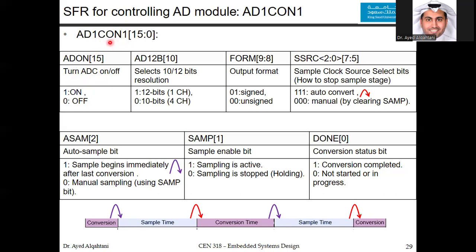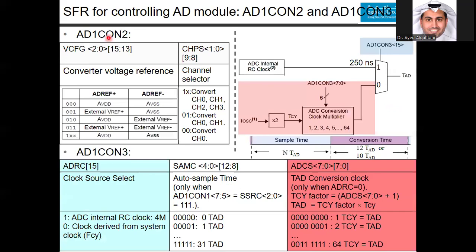We have another 2 special function registers that are called AD1 control register number 2 and AD1 control register number 3. Now for the control register number 2, it has 2 fields actually.